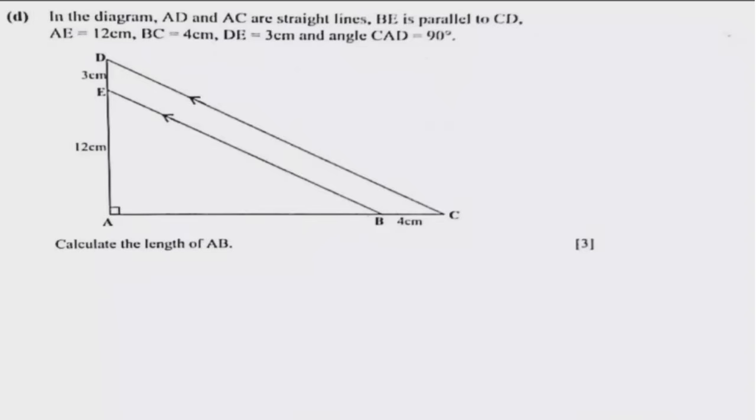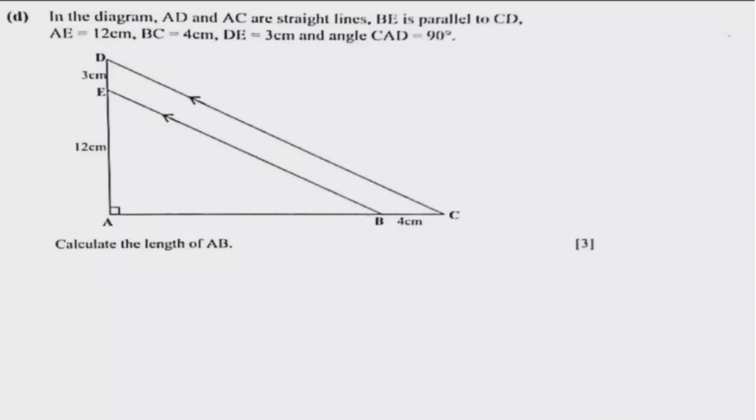So what we know is 3 centimeter is attached to the parallel lines, and 4 centimeter is attached to parallel lines, and DE is formed on the same line as AE, as well as BC is formed on the same line as AB.